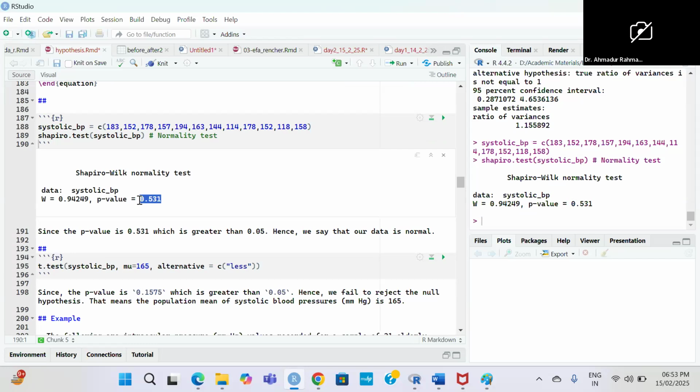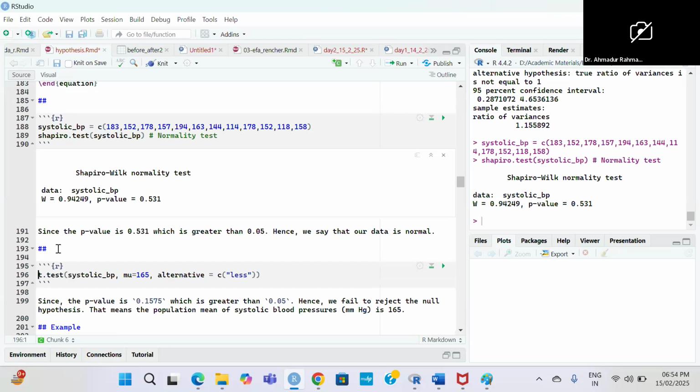When our p value is greater than 0.05, we fail to reject the null hypothesis. So when we fail to reject the null hypothesis, that means our data is normal.